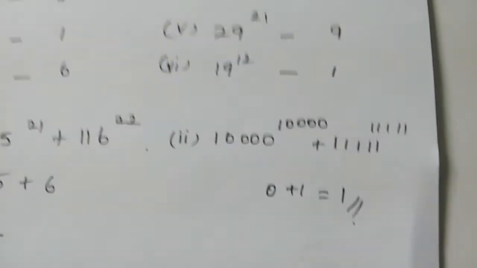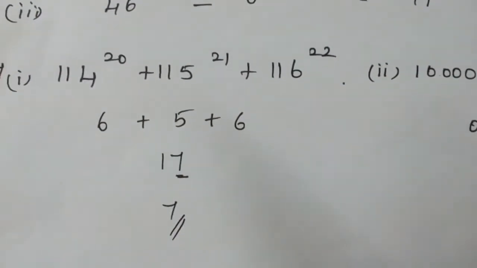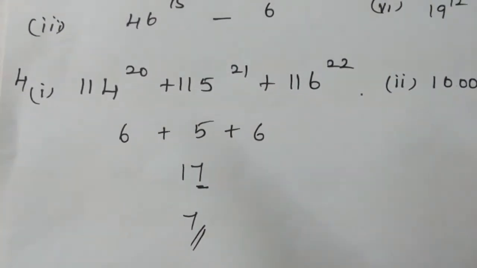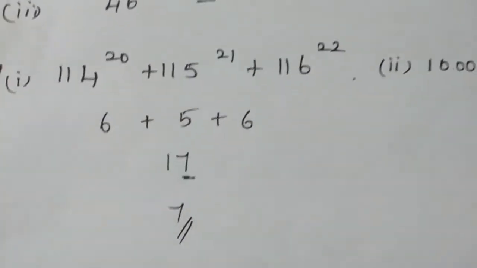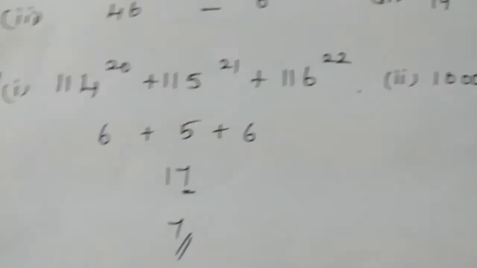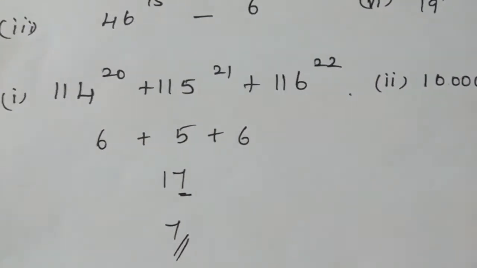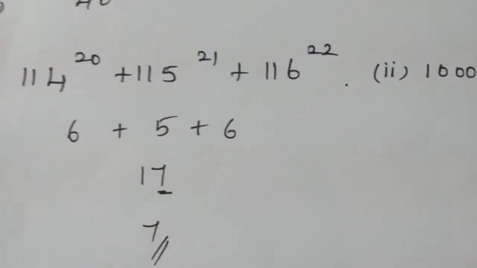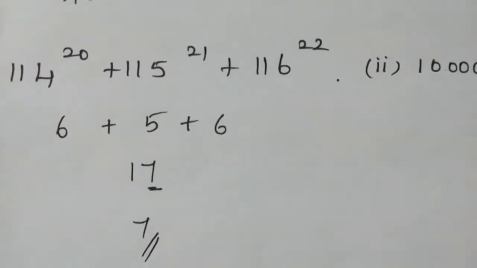Is it clear? For the fourth equation: 114 the whole power 20 plus 115 the whole power 21 plus 116 the whole power 22. The first digit is 4. 4 power an even number will give 6. So in the unit place you will get only 6.